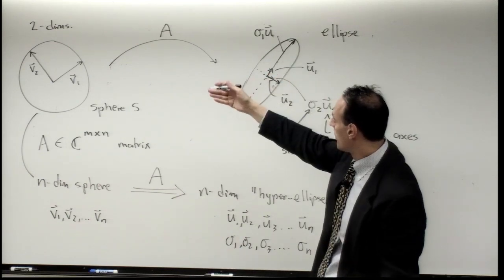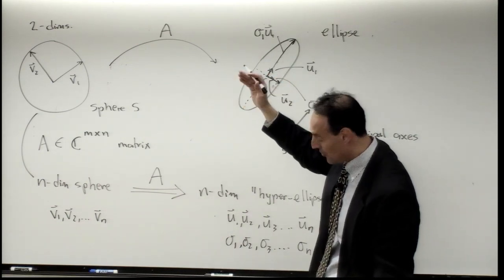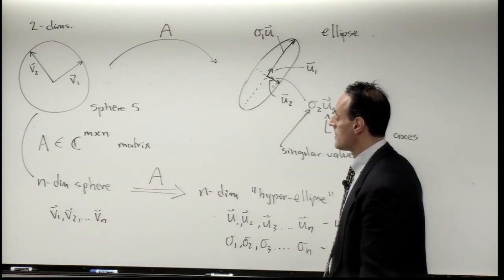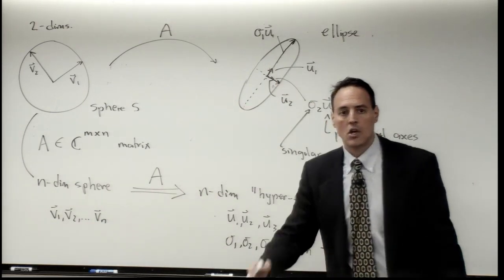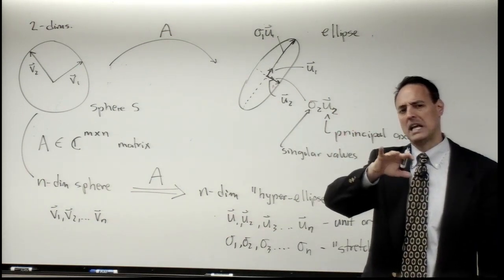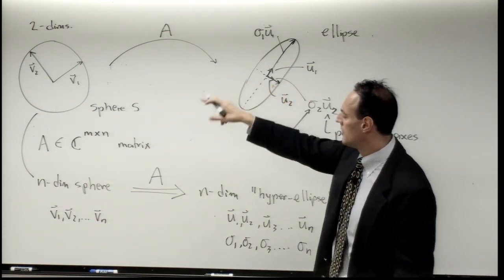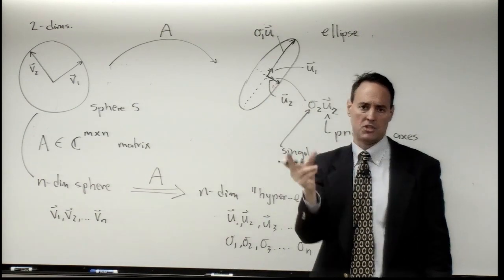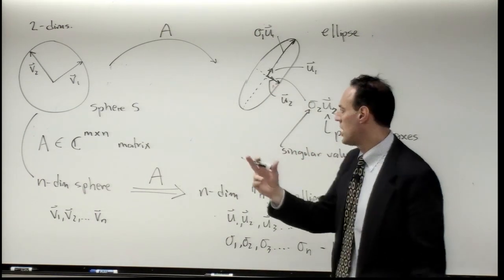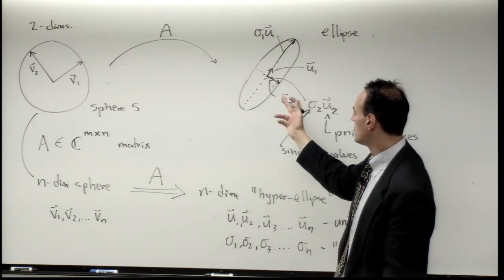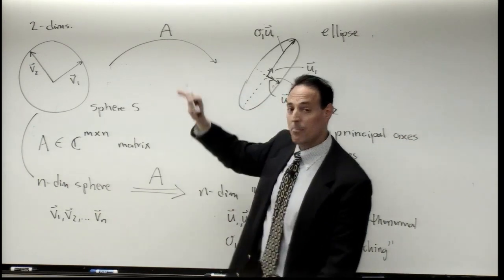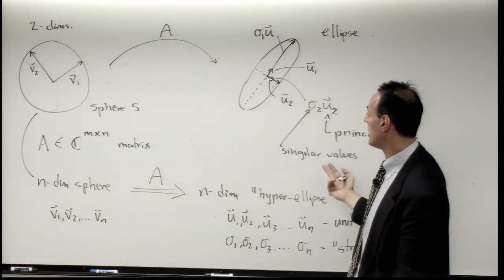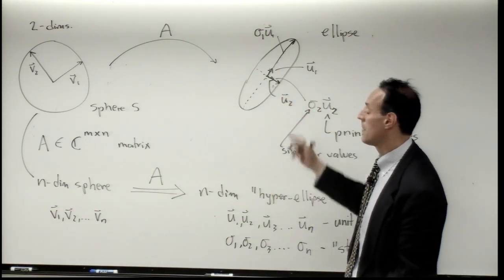So I went from one orthonormal basis to another orthonormal basis. So what you can think about is all you did with this matrix A, at least in terms of V producing U's, is a rotation. When you go from V's to U's, remember, A produces rotation and stretching. All the stretching is picked up by the sigma. All the rotation is picked up by the U's.